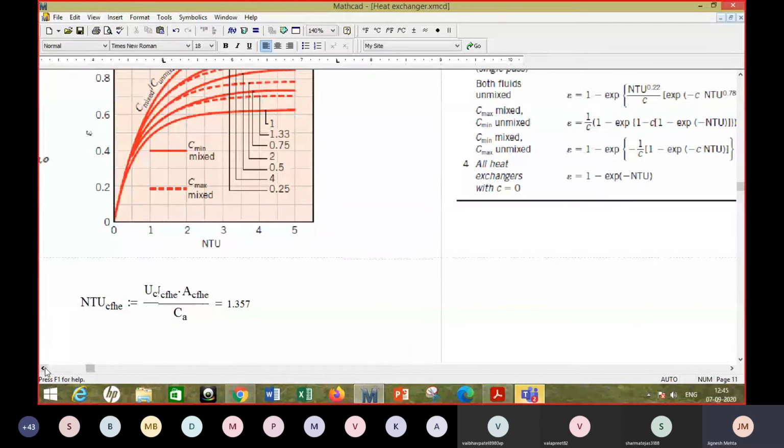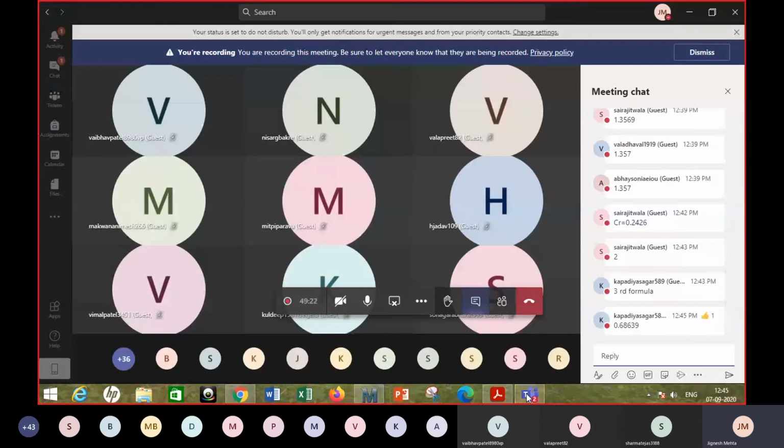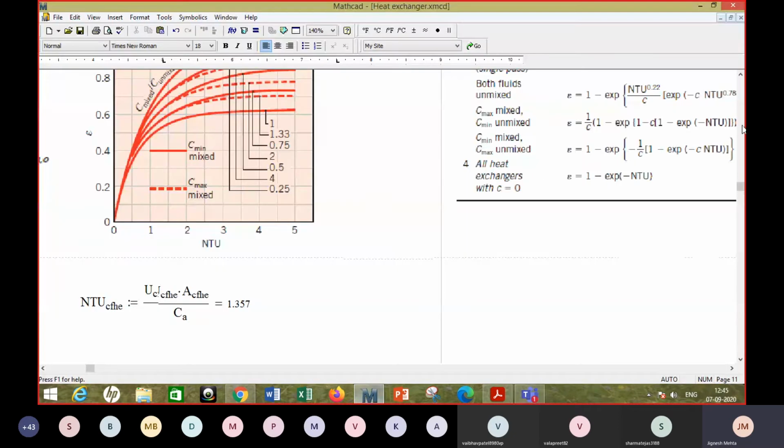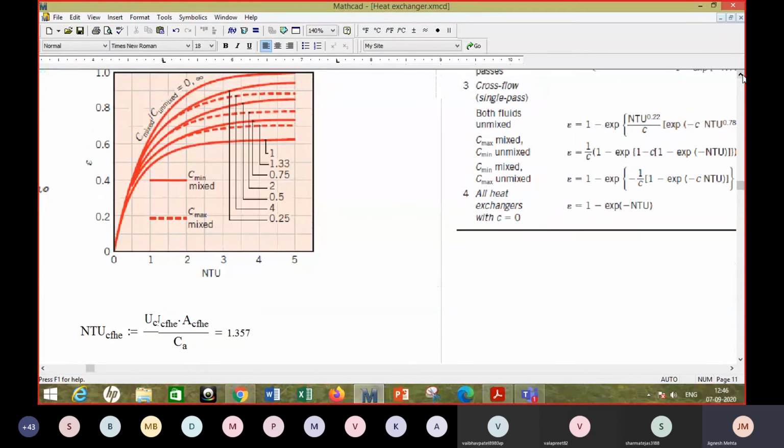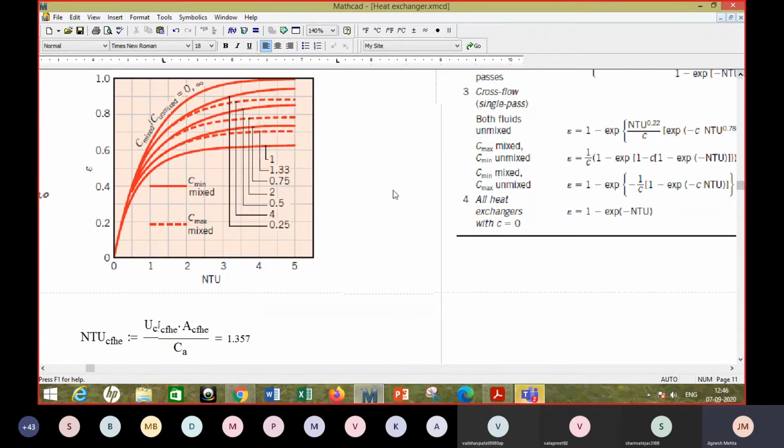Another option is also using the graph. Somebody has come up with this answer, Kapadia Sagar, 0.68639. Let's first check whether that 0.68, or something near 0.7, is correct or not.